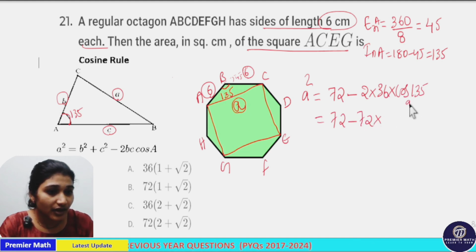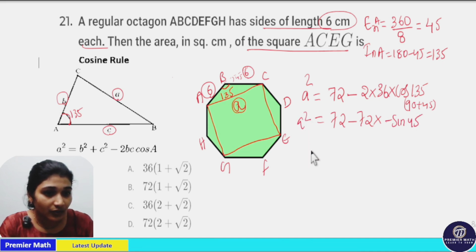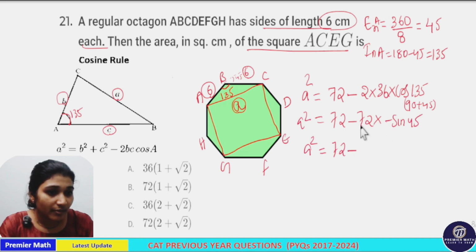Here 135 I can write as 90 plus 45. So cos of 90 plus theta is equal to minus sin theta. So minus sin 45. Now A square is equal to 72 minus of minus becomes plus 72 into sin 45, which is 1 by root 2.